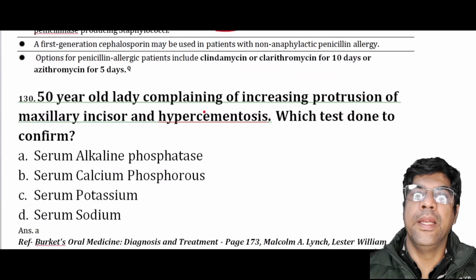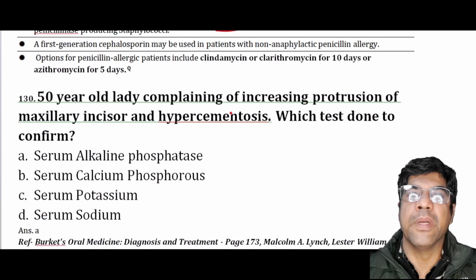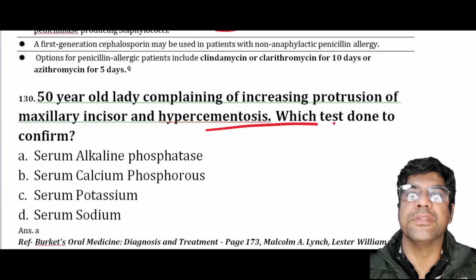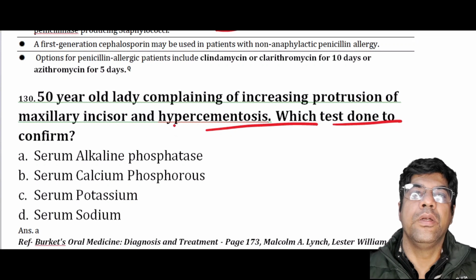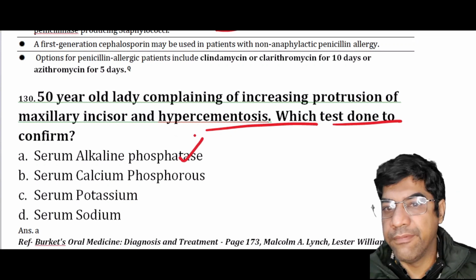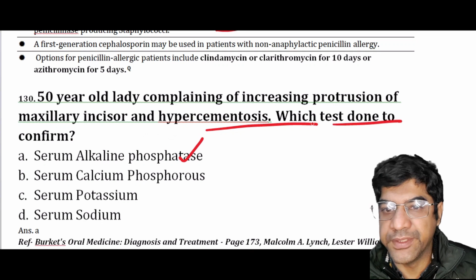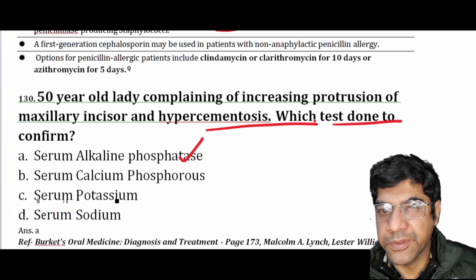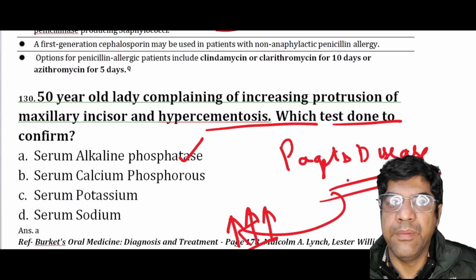A 50-year-old lady complaining of increased protrusion of the maxillary incisors and hypercementosis. What test will you do to confirm? Answer is serum alkaline phosphatase. Hypercementosis, we know it's an excessive formation of cementum on the roots of the teeth. It can be associated with Paget's disease.